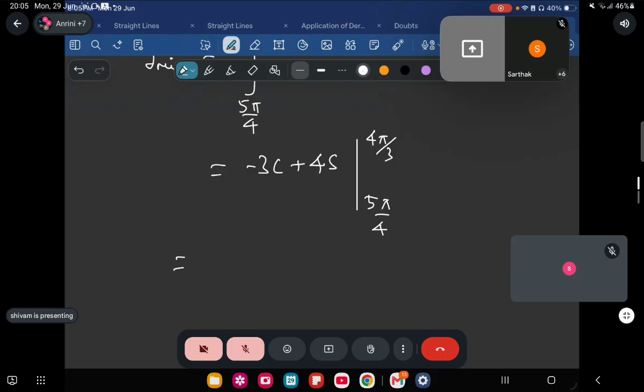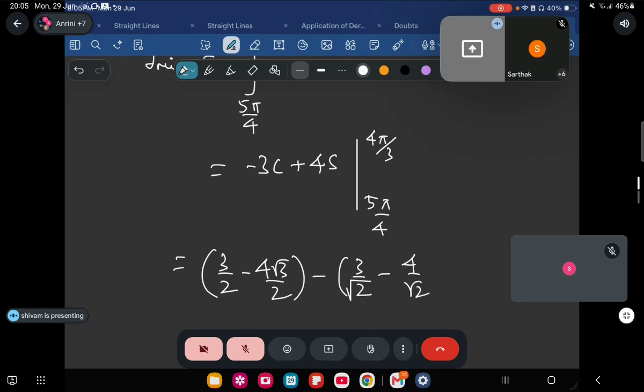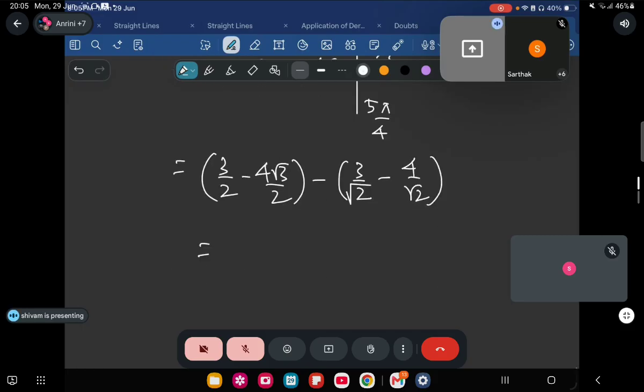Minus half. So this will become 3 by 2. And what is sine 4 pi by 3? Minus root 3 by 2, right? So minus 4 root 3 by 2 minus, when you substitute 5 pi by 4, this will be 3 by root 2 minus 4 upon root 2. Rest, what will you get? 3 by 2.